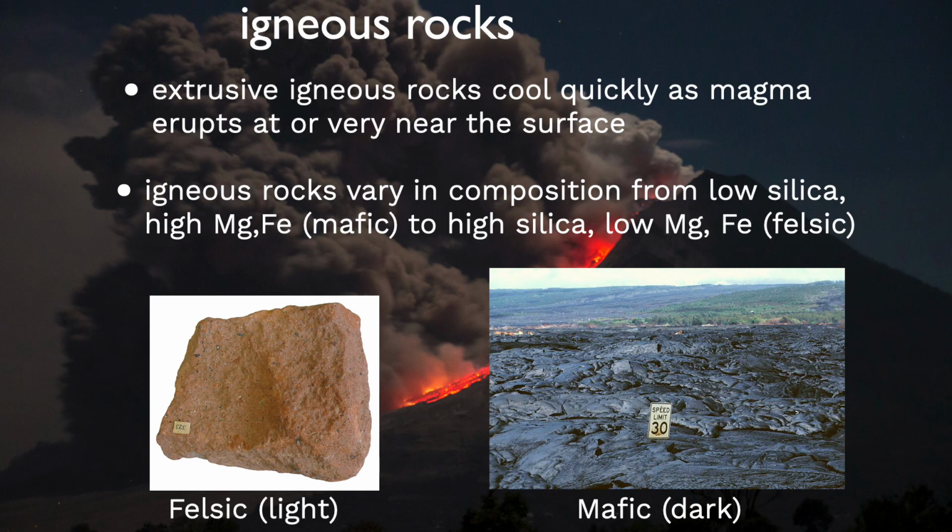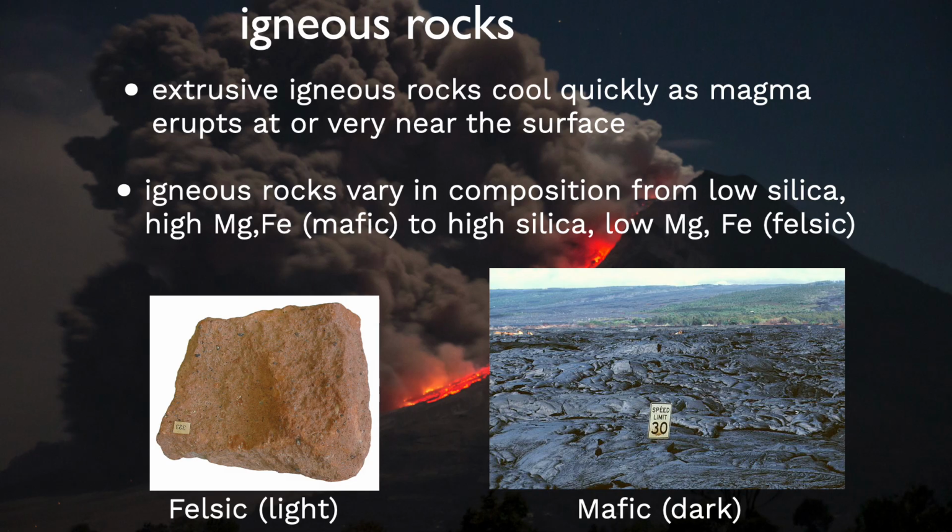So extrusive igneous rocks cool rapidly as magma erupts at or very near the Earth's surface. Here you can see in the background we have a volcano and we have some lava shown. So we have our extrusive igneous rocks that are formed from this lava or this magma.